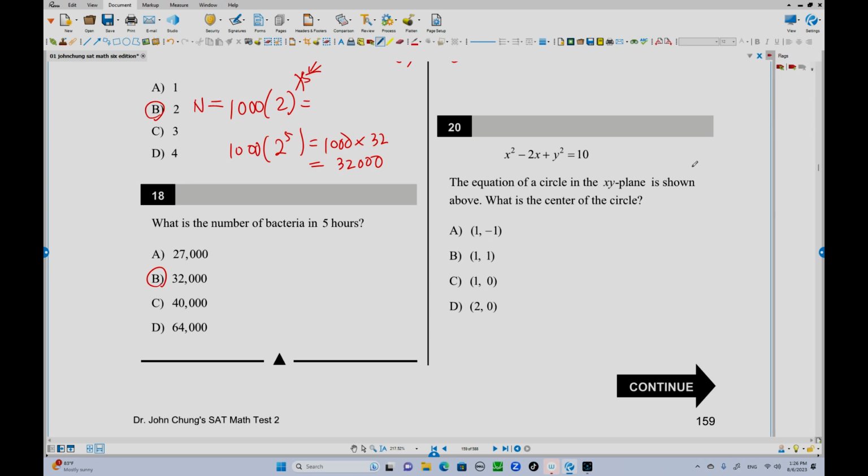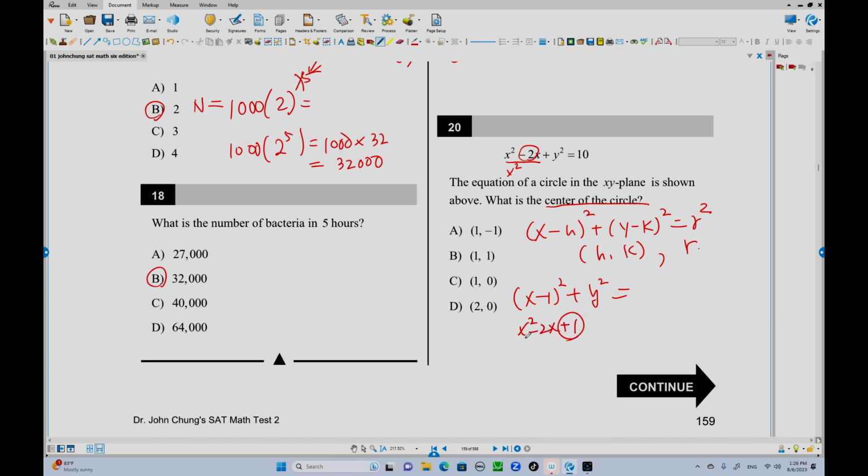This is number 20. To find the center, we need the standard equation of a circle: x minus h squared plus y minus k squared equals r squared. h and k is the center, and the radius is r. To make a perfect square we need half of this number. So x minus 1 squared, which is x squared minus 2x plus 1.